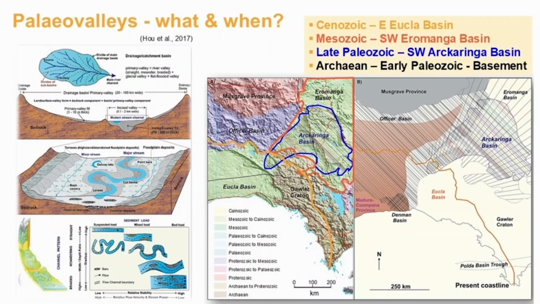So when you find a Paleovalley of this age, what does this mean? This means flowing to the northeast. The Mesozoic part also flows northeast, but some part flows back to the southwest. But the Euclid Basin ones must be flowing southwest.